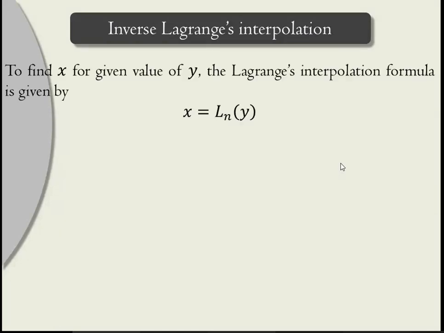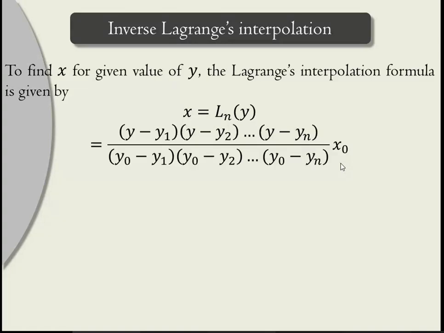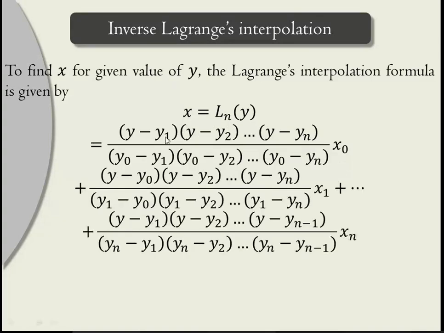So x as L n of y will be: take the subtraction of all y terms except the first term from y, that is y minus y1, y minus y2, up to y minus yn. Then replace y by y0, take the subtraction of y0 with the remaining terms, and multiply with the first value of x, that is x0.